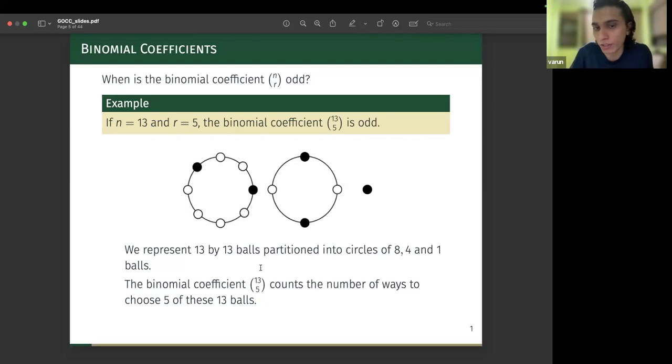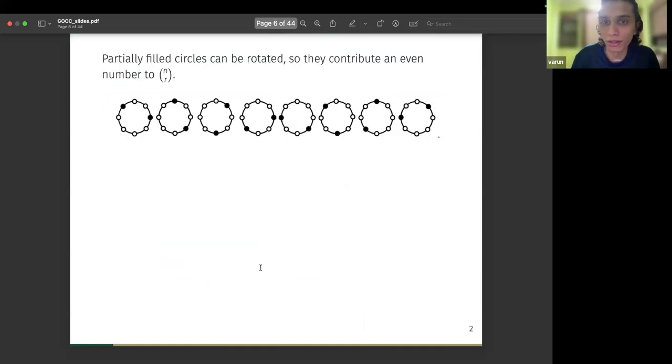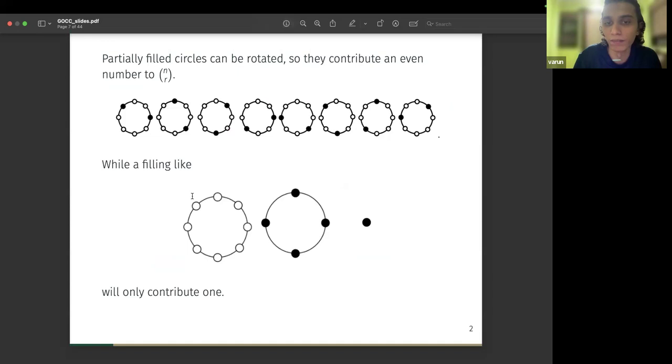And it's again a similar question to identify what this unique odd child is. And this description really helps in doing that. For example, if we have 13 choose 5, and we want to ask if 12 choose 5 is odd or is 12 choose 4 odd.